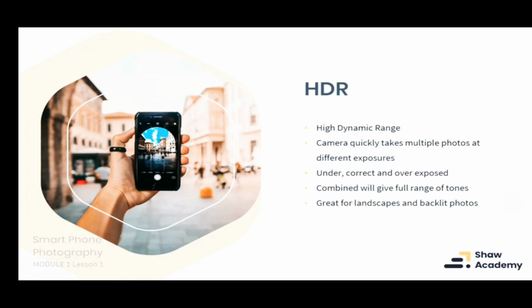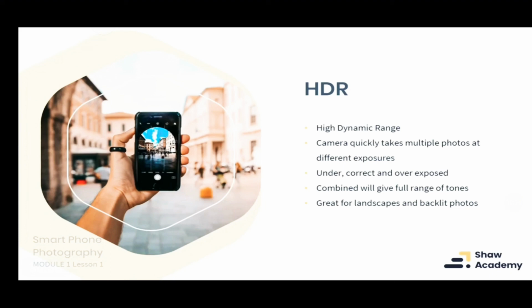Typically when we're photographing, we can have trouble because we've got extremes in bright parts of the photograph and dark parts of the photograph. So again, like a backlit photograph, you're going to have a very, very bright sky or a very bright light in the background, and that kind of creates a silhouette effect, and sometimes that's what you want, sometimes it's not.